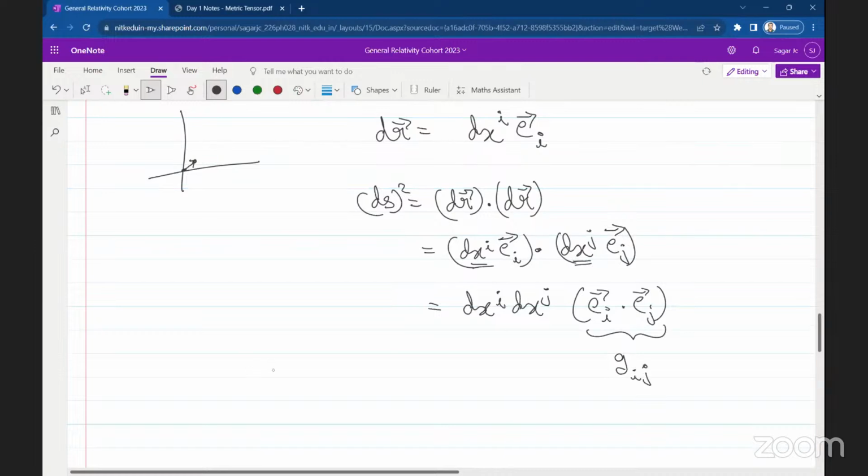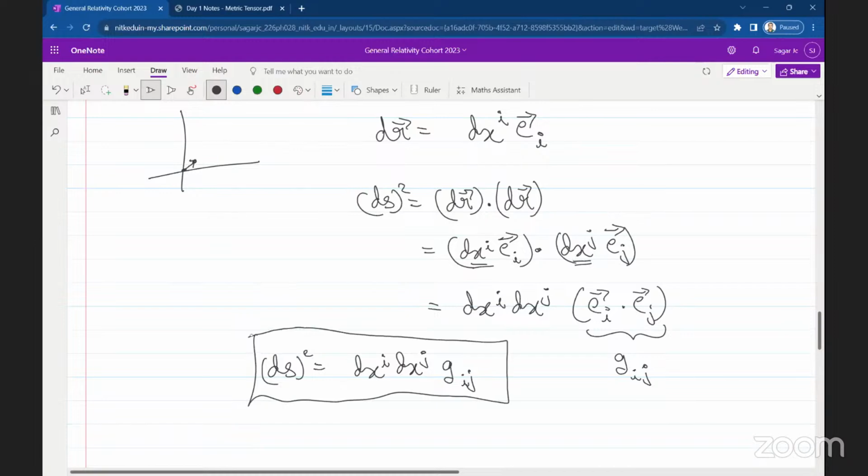So I can write ds square equal to dxi dxj gij. This is the expression for the magnitude of the very small displacement, or the distance between two neighboring points.